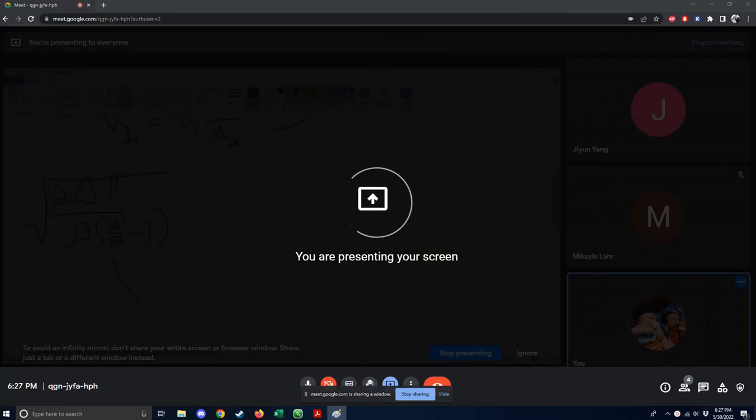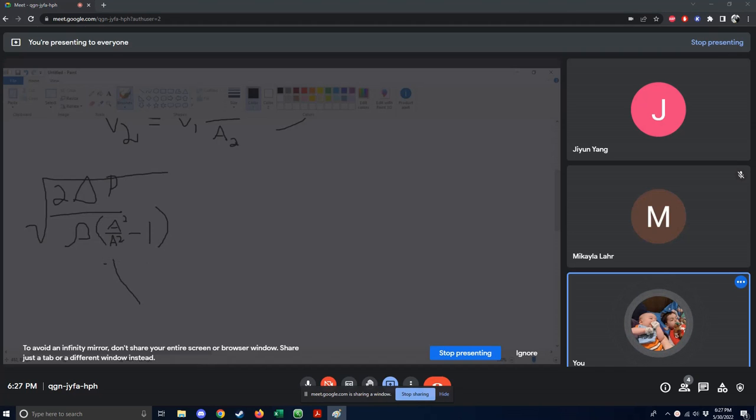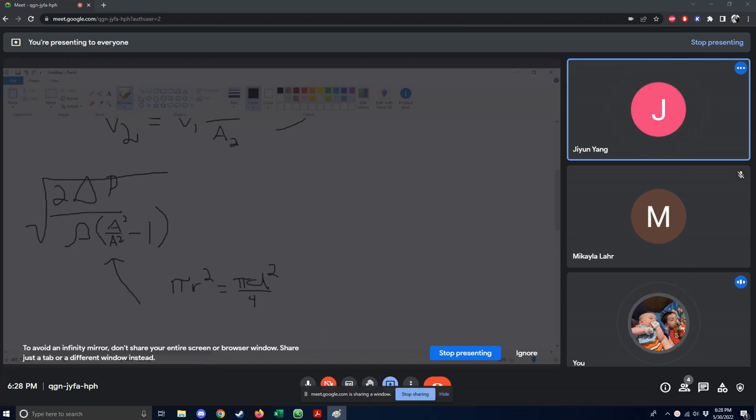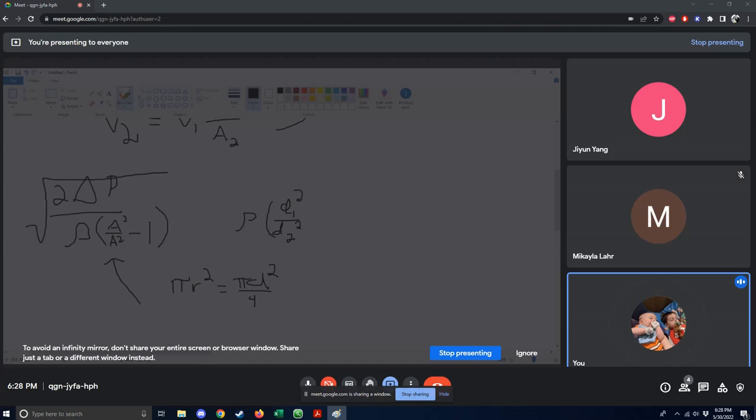All right. So what I was saying is that if you get to this point, one of the interesting things is that the cross sectional area is pi r squared, which can actually be rewritten as pi d squared over 4, right? Well, you can actually rewrite this as rho d1 squared over d2 squared, because the pi over 4 is going to end up getting dropped out in top and bottom.